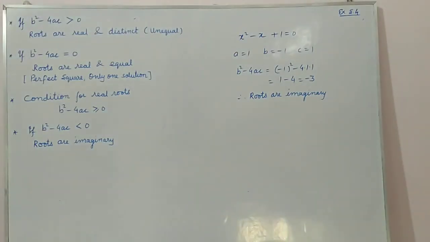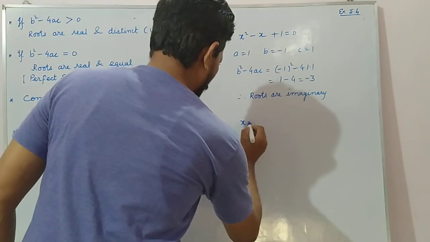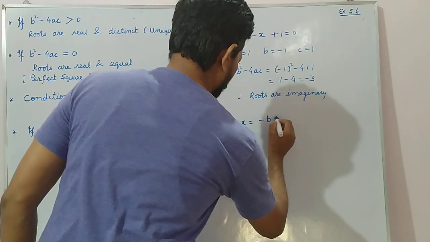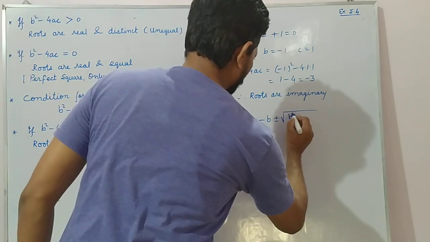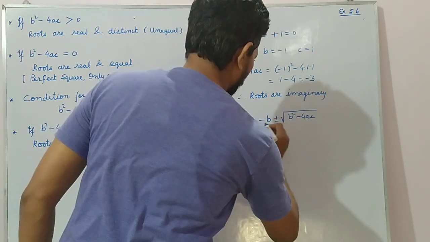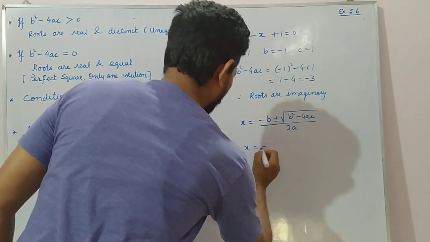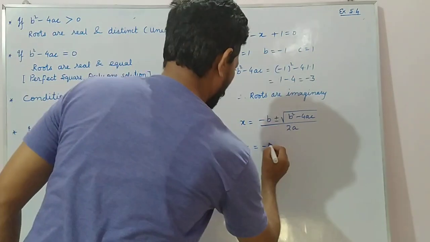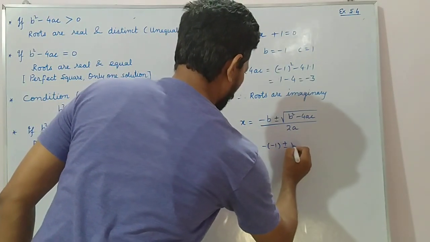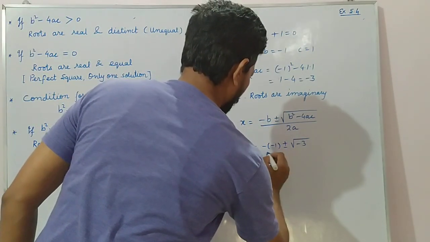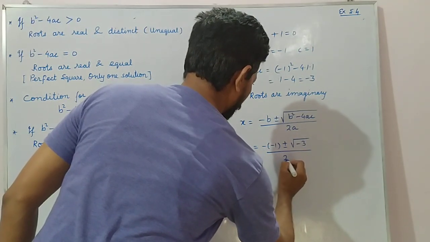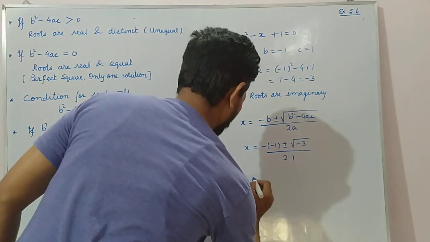How will the roots look here? X equal to minus b plus or minus root over b square minus 4ac by 2a. X equal to minus b, that is 1, plus or minus root of minus 3, by 2 into a, that is 2.